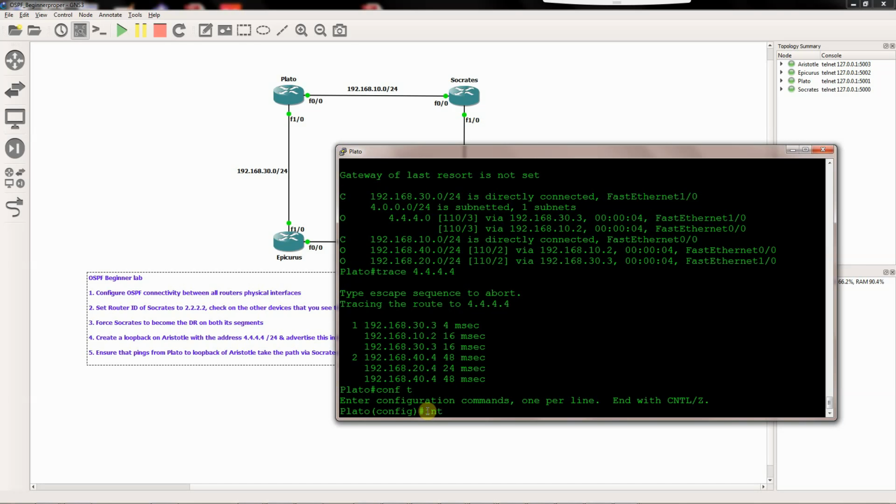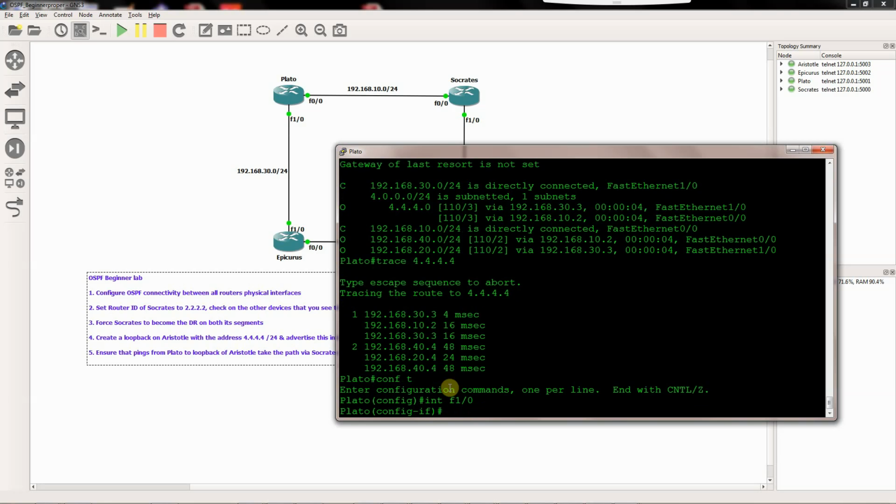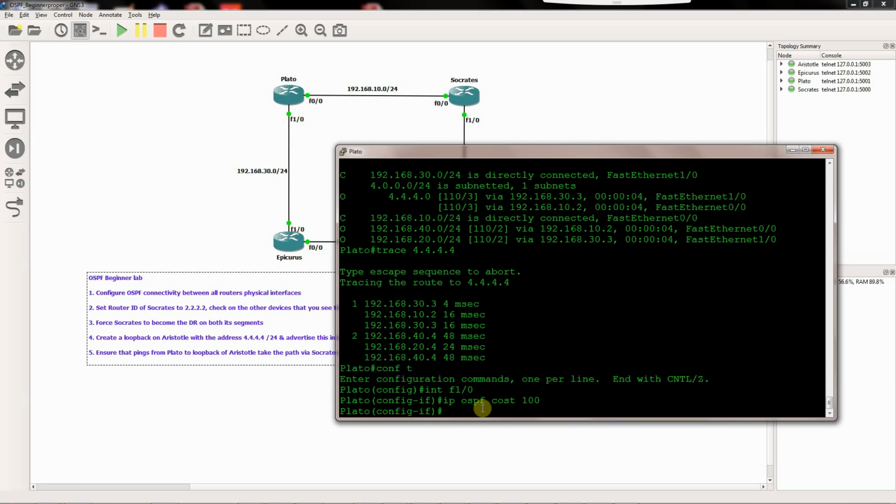So what we're going to do in this case is go to this interface here and basically increase the cost. What that will do is make this path far less attractive to OSPF, and it will force all the traffic through here.